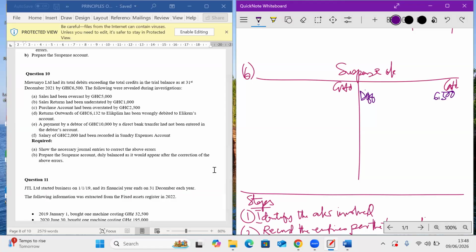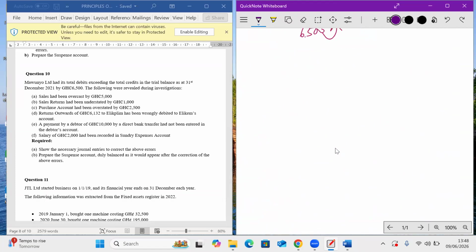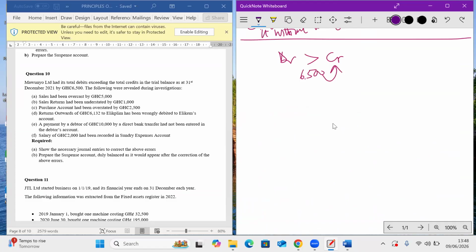Sales had been overcasted by 5,000. So watch. You write here workings. So we are doing workings for A. So that's A, sales have been overcast by 5,000.